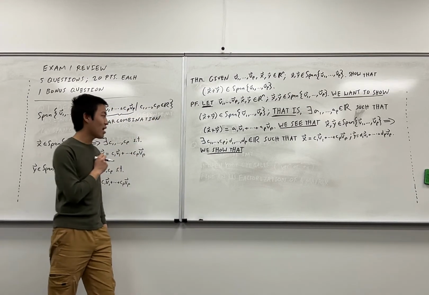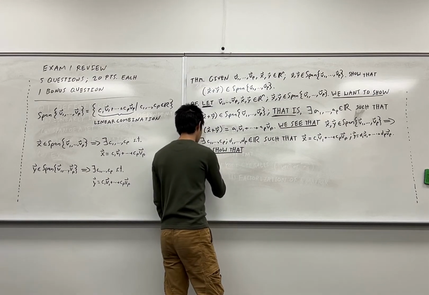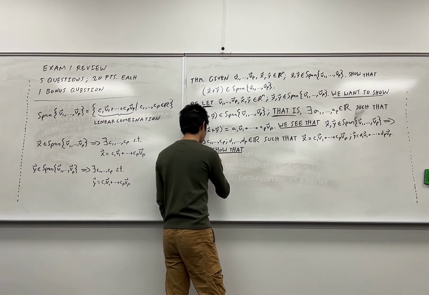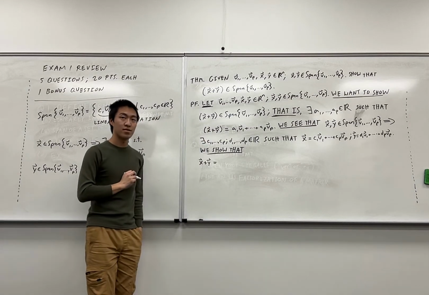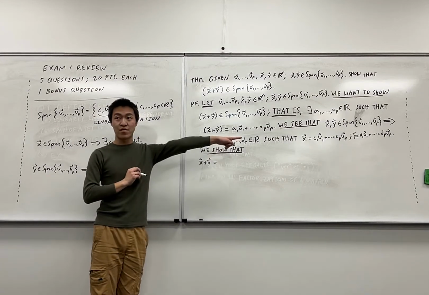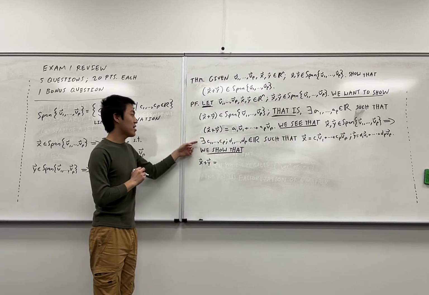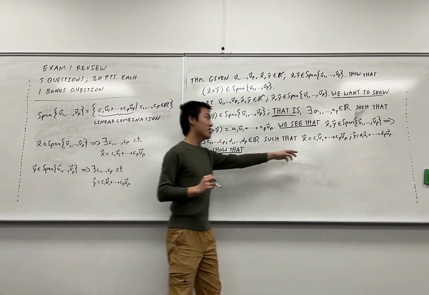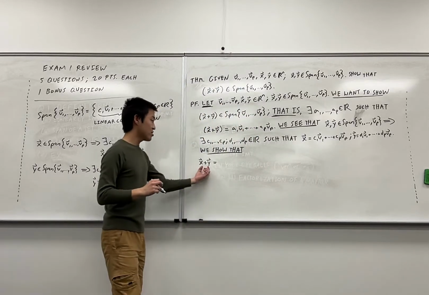Okay, what were we originally trying to show? X plus y. So what is x plus y? Well, in light of what we've defined, if x and y are in the span, then they have to be expressible as certain linear combinations. So let's use that perspective.